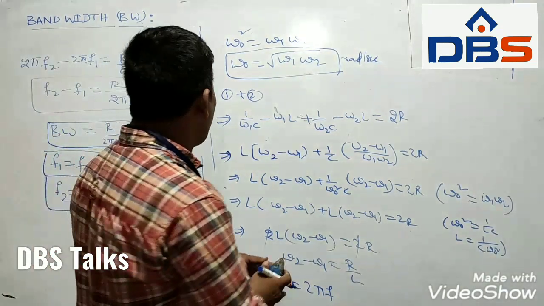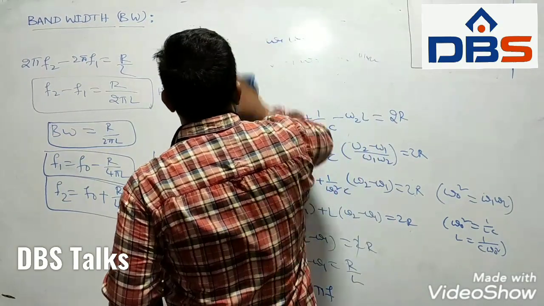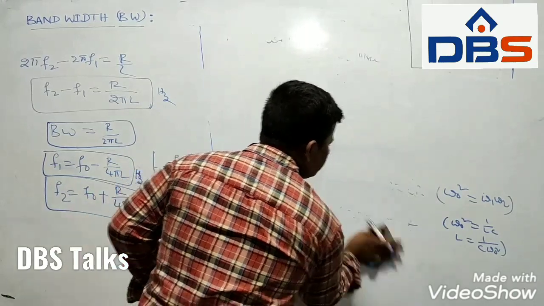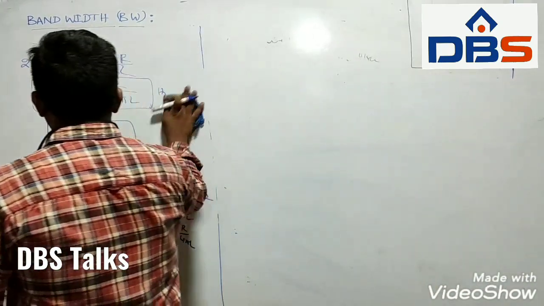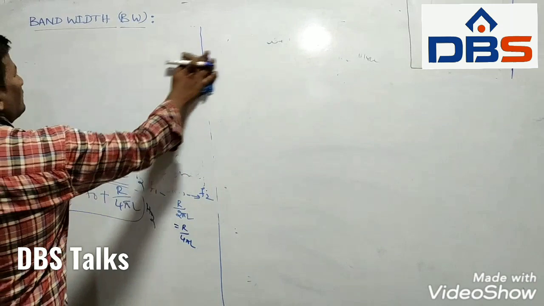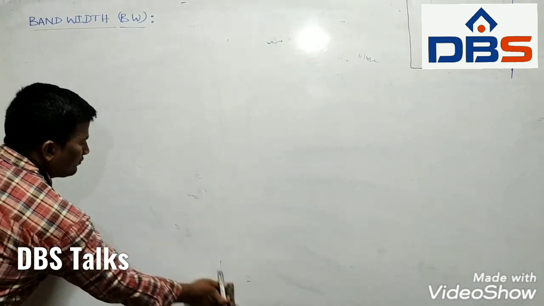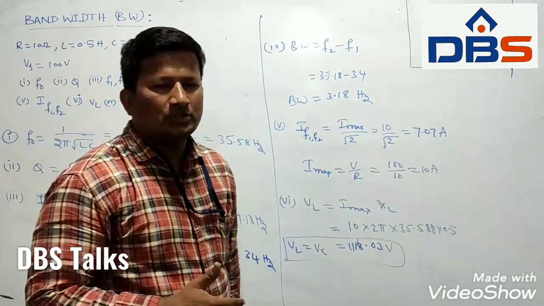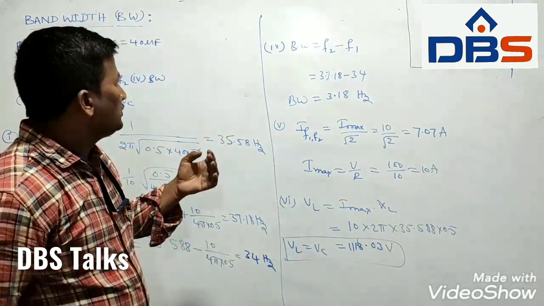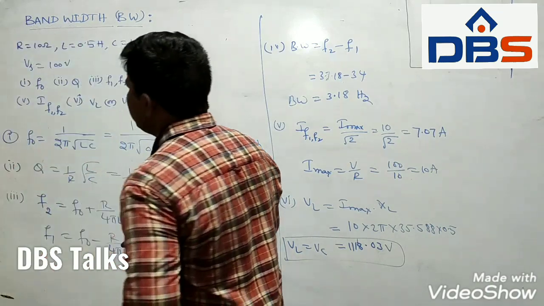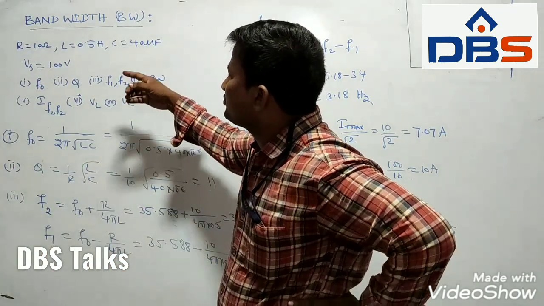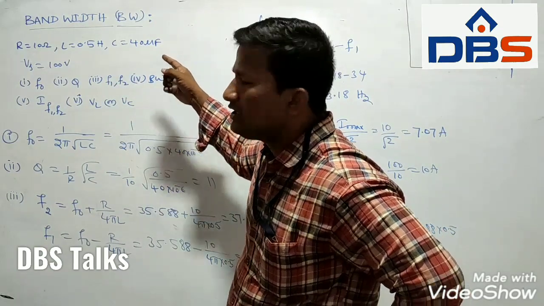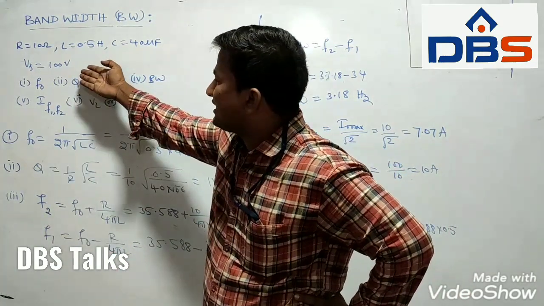Now go for the small problem. They have given a series resonant circuit with R equal to 10 ohms, inductance equal to 0.5 Henry, and capacitance equal to 40 microfarad, with an applied voltage of 100 volts.